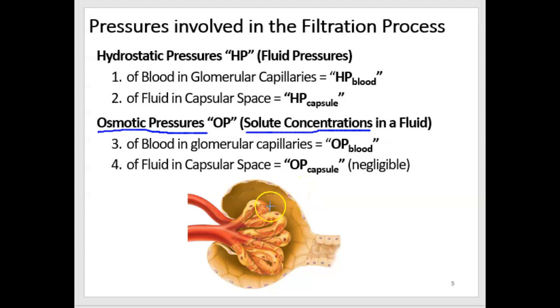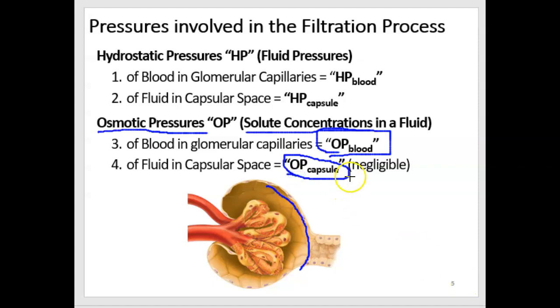So in the glomerular capillaries, we call this osmotic pressure of the blood. And when the fluid in the capsular space has a certain osmotic concentration, we call it an osmotic pressure of fluid in the capsular space.